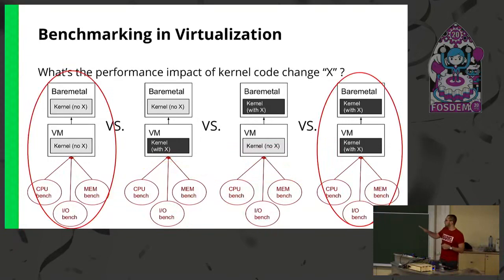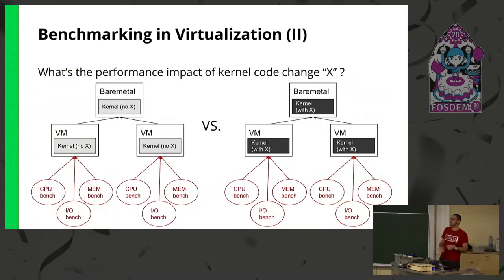Let's now focus on, for example, these two situations, where we want to see the difference between no change whatsoever and change applied to both host and guest. Is it really always the case that this is enough, so we want to check the performance when running only one virtual machine? Maybe, but maybe not. Maybe we also care about use cases where on the host there are multiple virtual machines running.